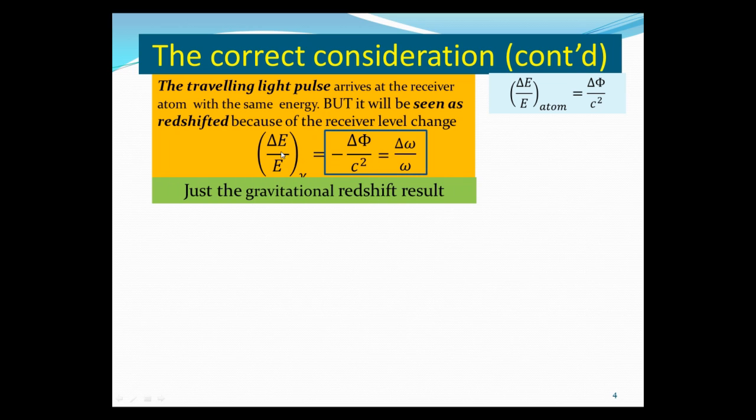And delta E over E is delta omega over omega, so this is just the gravitational redshift result. The light has not changed energy, but because the device receiving it has shifted energy levels, the light appears to be redshifted.